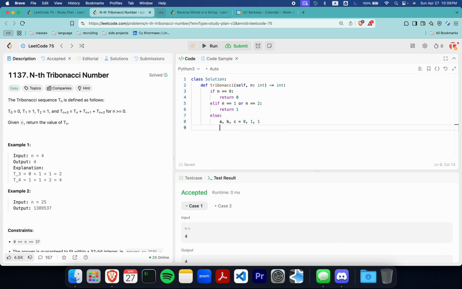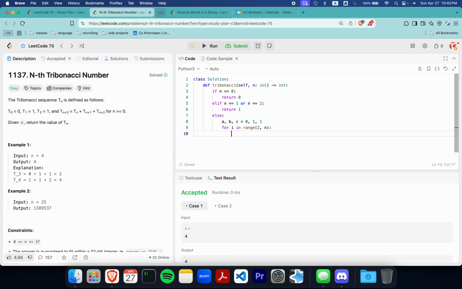So then what we can do here is say for i in the range from 2, the third element, up to n inclusive. We can say that c is going to be equal to, because you see T sub n plus 3 is equal to T sub n plus T sub n plus 1 plus T sub n plus 2.